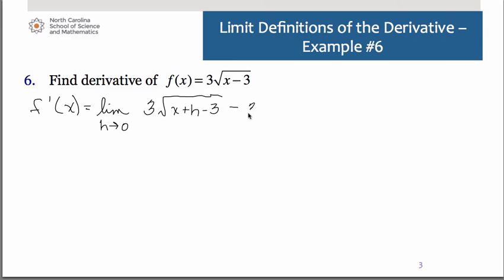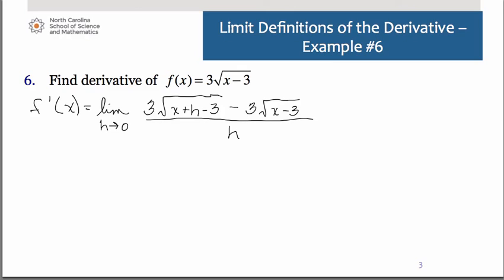Minus f of x all over h. So we obviously cannot substitute 0 in for that denominator, so this is one that you hopefully recall we will have to multiply by the conjugate of that numerator expression in order to get this simplified.